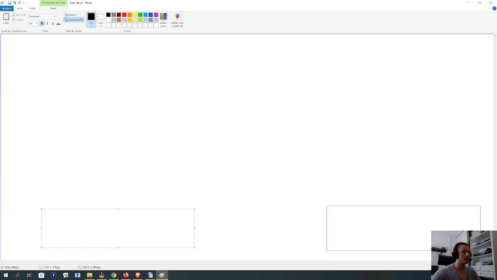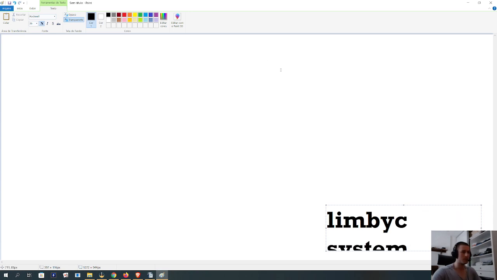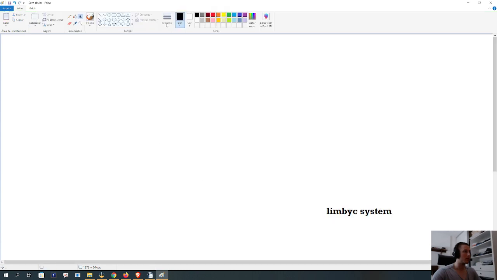Actually, I'll do it like this. I'll change the size of this stuff. You can see here, the limbic system over here, and go to the market.